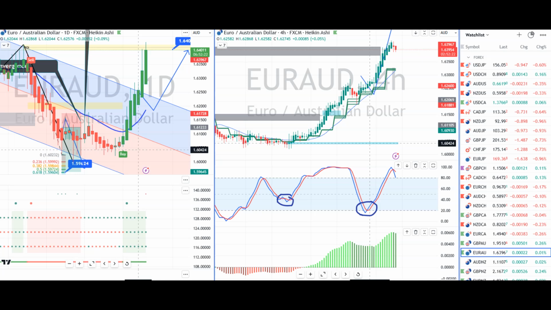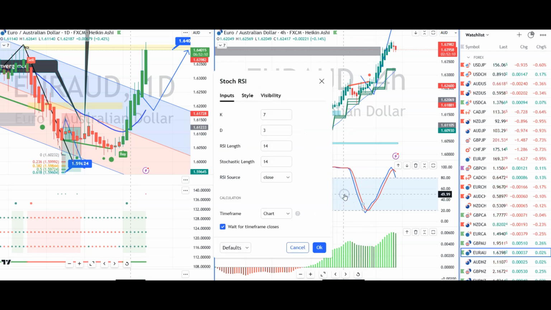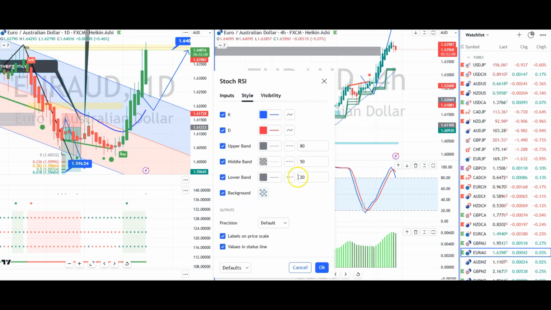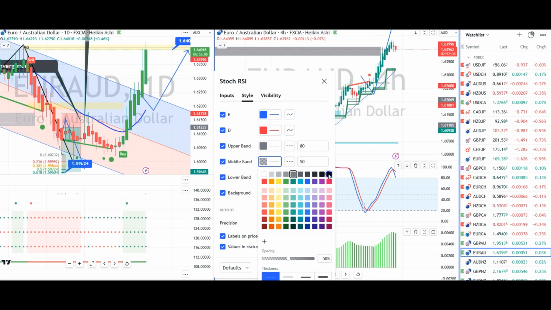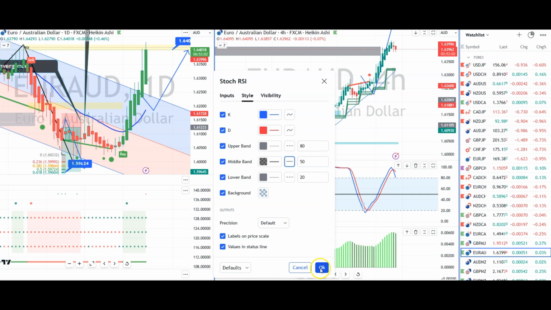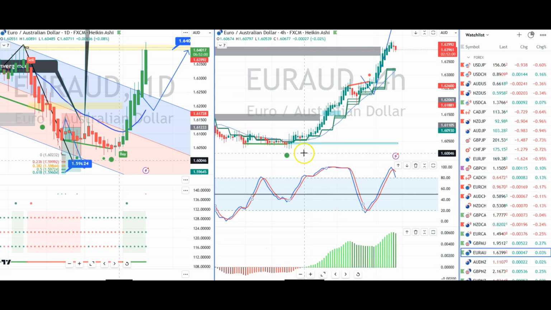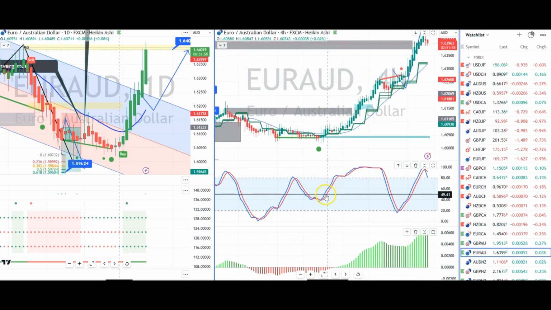And one thing that you can do, which is a good idea, let me just change this slightly. Let's make this middle band wider and a straight line. There we go. So one thing you can do, once the price moves above the 50 on the RSI, that indicates strength.